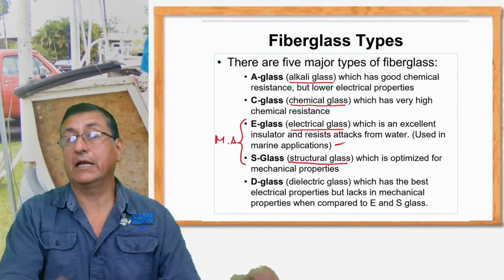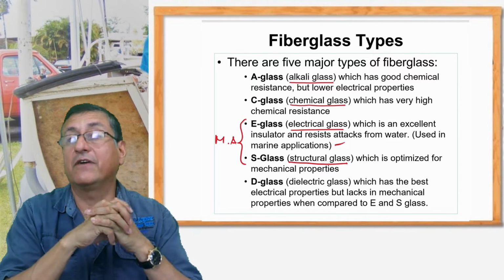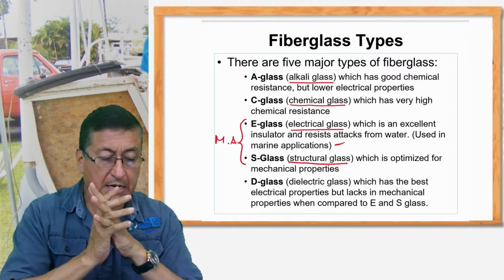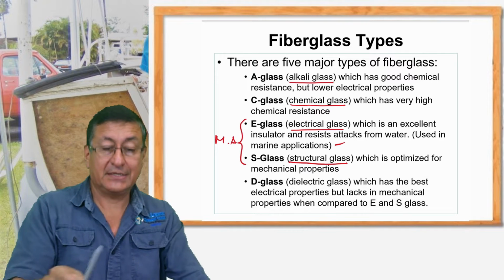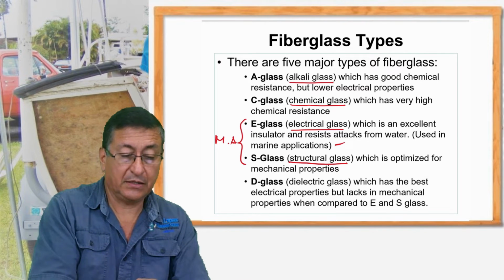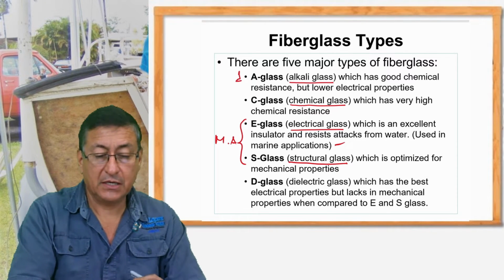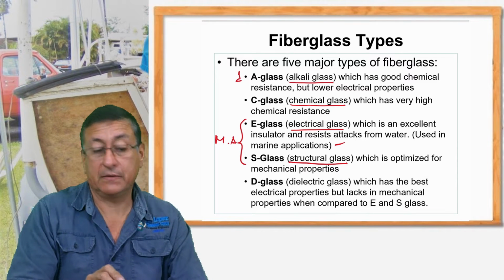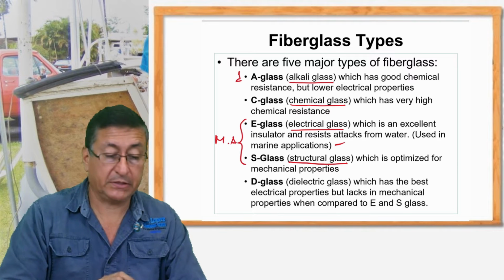Now we are going to analyze the different types of fiberglass used in the marine, automotive, and aviation industries. We have A-glass, alkali glass, the number one. Alkali glass has good chemical resistance, but lower electrical properties.